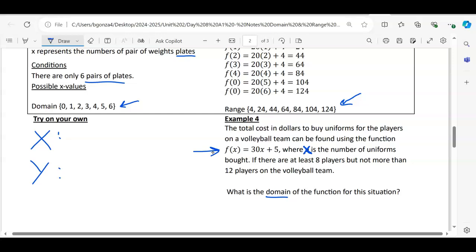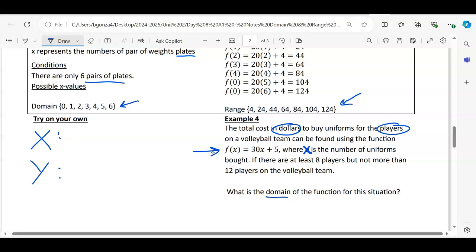They're trying to order uniforms for volleyball, right? So there's 2 things that we have here. We have dollars and players. If I'm trying to end up with a cost for these uniforms, which depends on which? Does the amount of dollars depend on the number of players, or does the number of players on the team depend on the dollars you spend? Which one makes more sense?